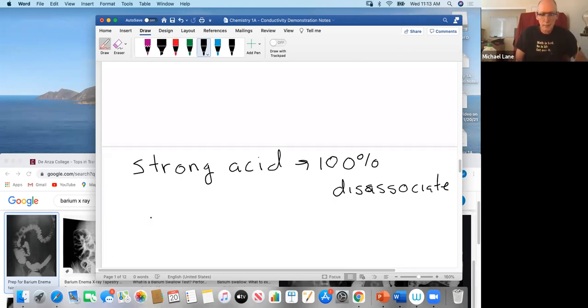There is a method of determining this. For right now, I am simply going to list the things which are strong acids. It is not a complete list, but it is a good list.